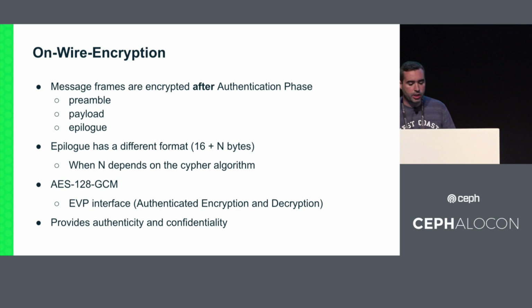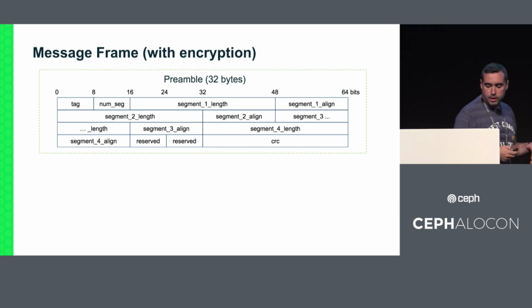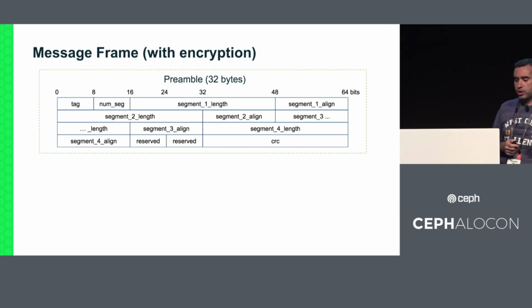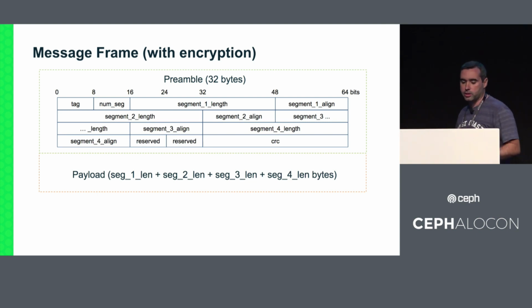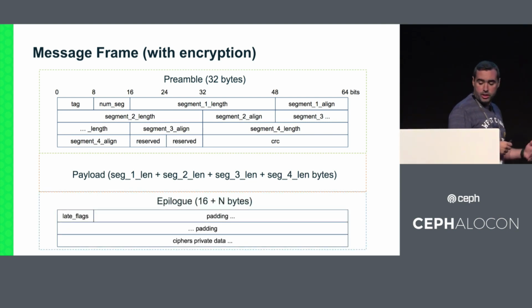Currently, we are using a stream cipher called AES 128 GCM. It provides authenticated encryption and decryption, so it guarantees confidentiality and authenticity. The preamble in an encrypted frame doesn't change. The payload also doesn't change, only the epilogue.